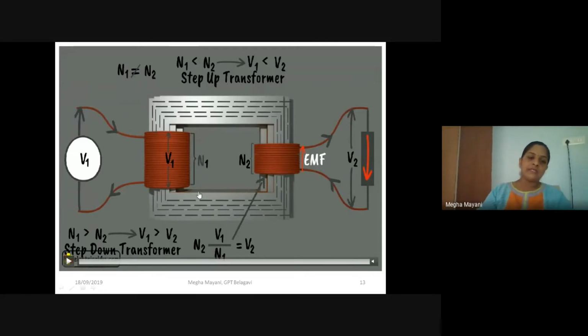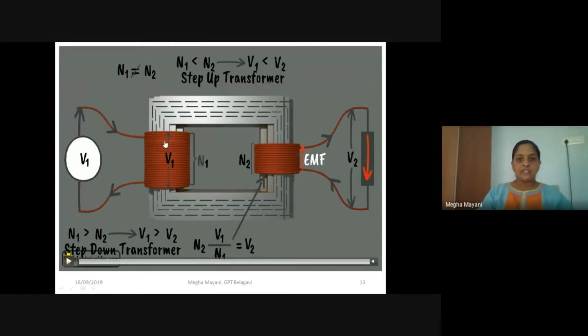Friends, I will repeat: if the number of turns in the secondary winding is more than in the primary winding, then you observe the voltage or the EMF across the secondary winding to be greater than the voltage applied at the primary winding, and such transformers are called step-up transformers.